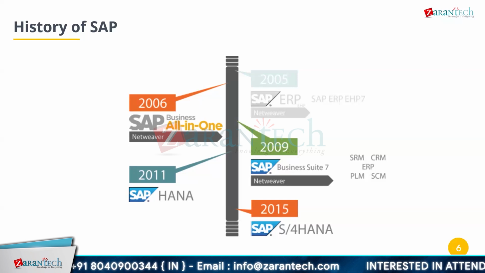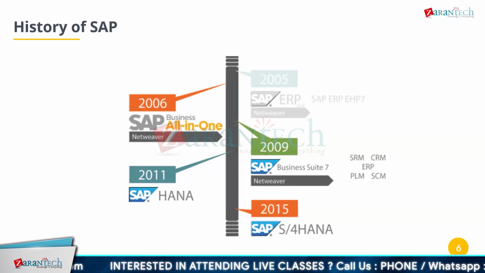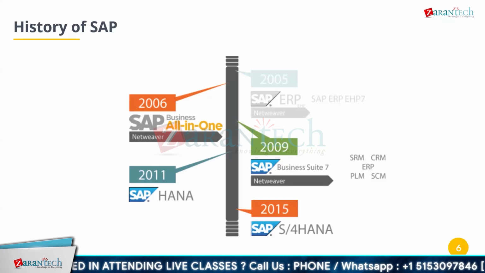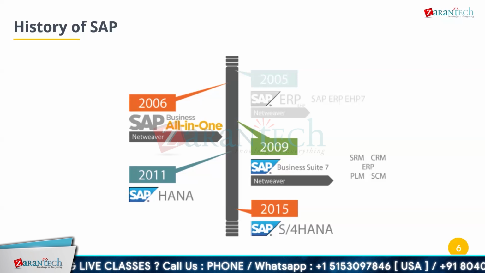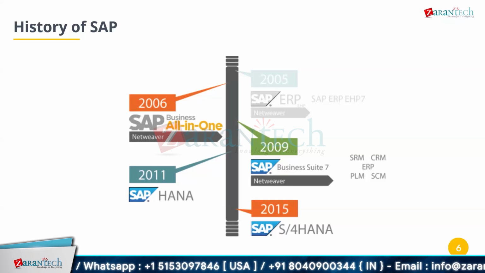As of Q3 results, almost 15% of customers are using S4 HANA, and 85% are using either B1, SAP ECC, or R3 products.